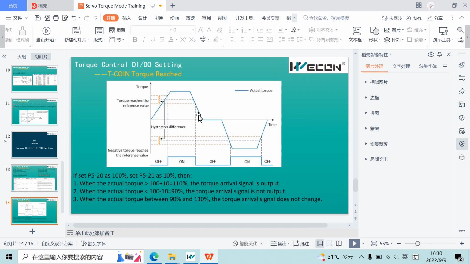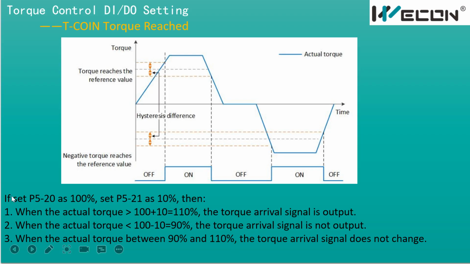And I will use a picture to show how these two parameters work. If we set P5-20 as 100% and set P5-21 as 10%, then when the actual torque is bigger than 110%, the torque reach signal will output.